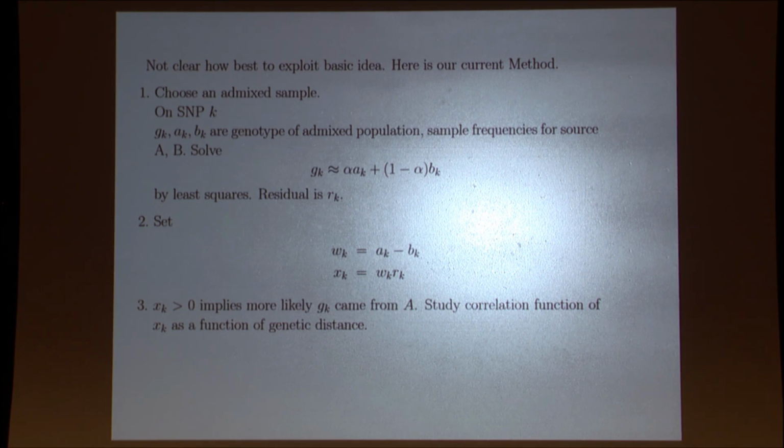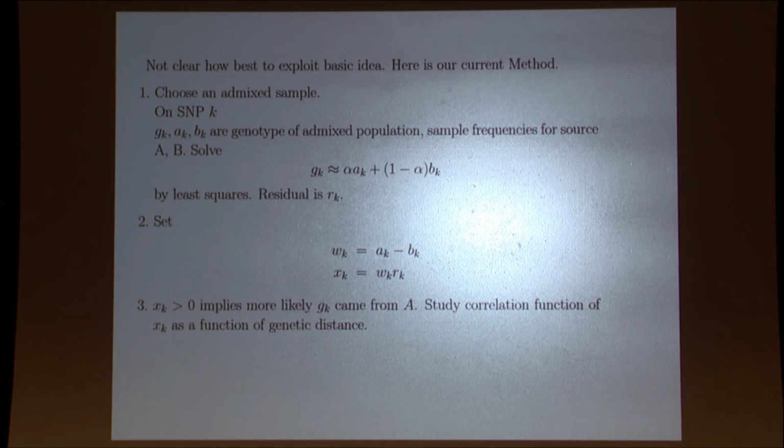So what I do is I model the genotype across the genome as a mix of my two sources, and I compute the mixing proportions.